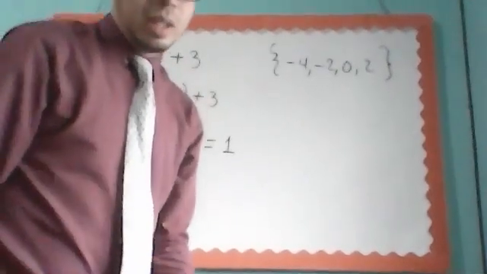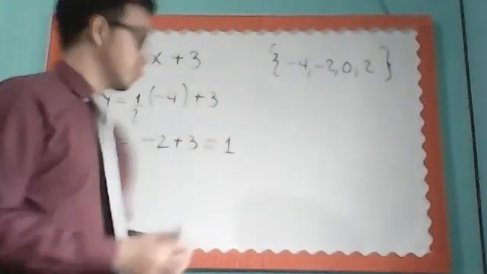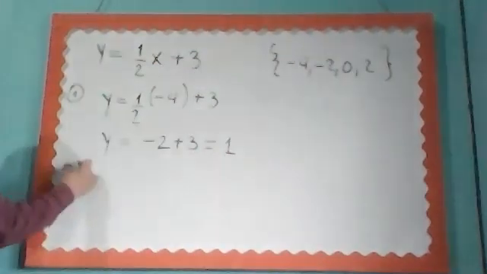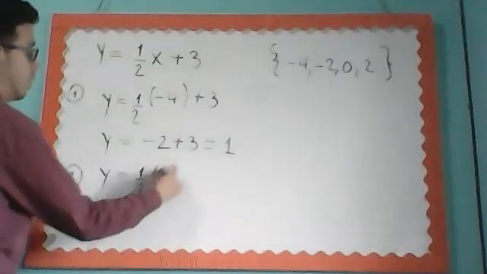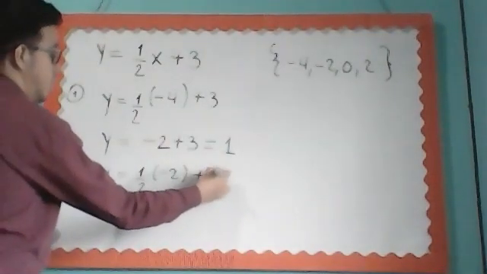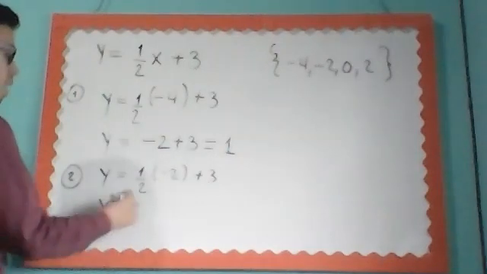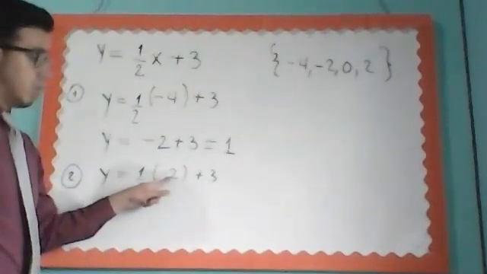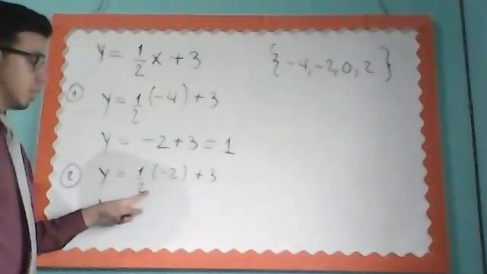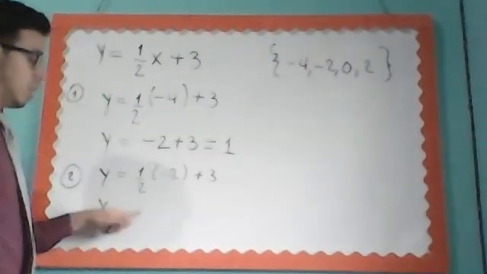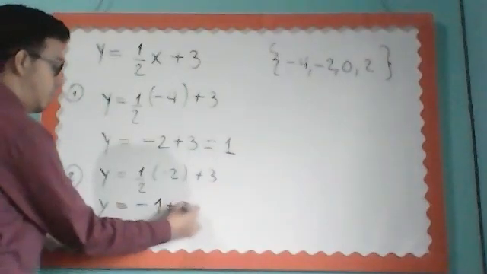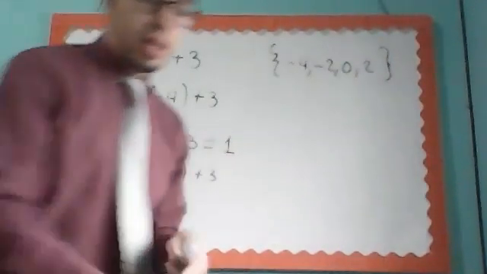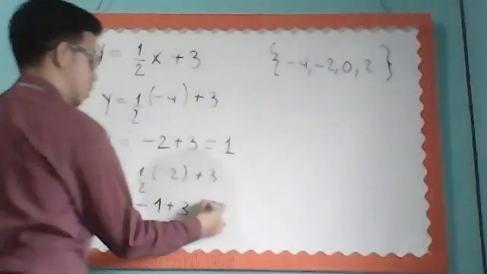The other value we are going to have is -2. Second value, I'm going to replace: y is equal to 1/2 of -2 plus 3. y is -2 divided by 2, which is -1 plus 3. So I have that y is equal to.